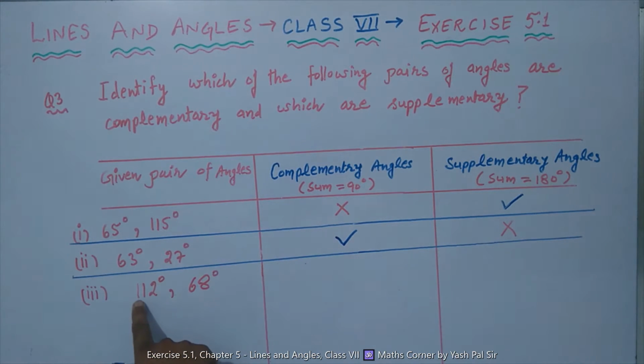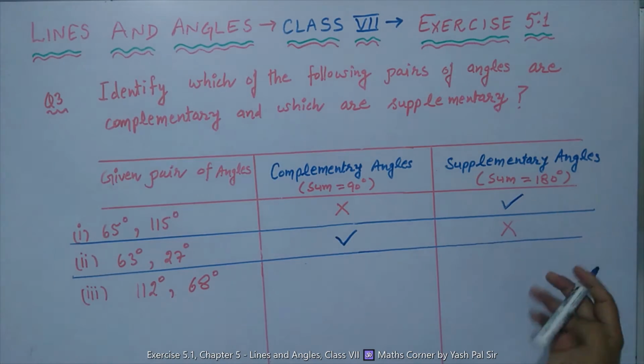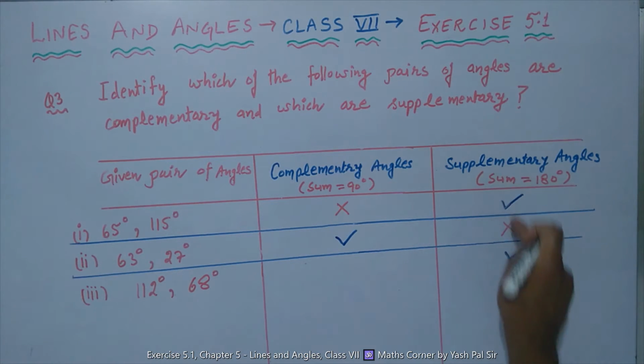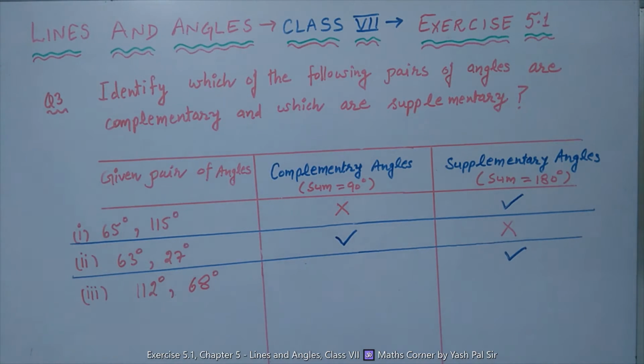Third part, 112 degree, 68 degree. If we add these two angles, then what is the sum? Obviously sum is equal to 180 degree. So here we shall put tick mark. Why? Because then these two angles are called supplementary angles, not complementary.